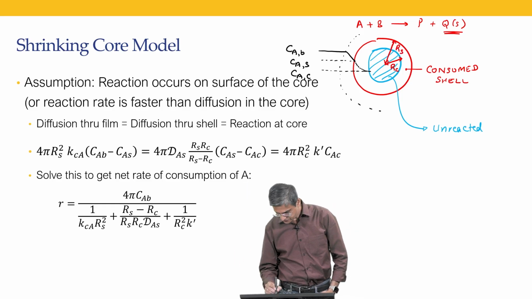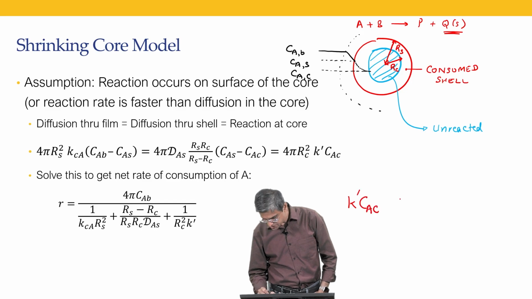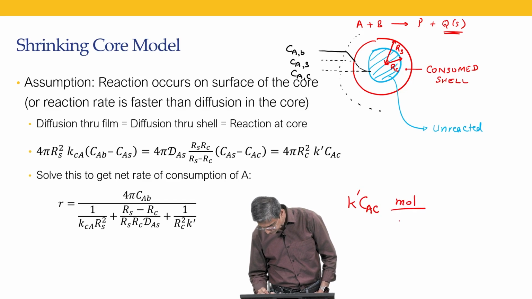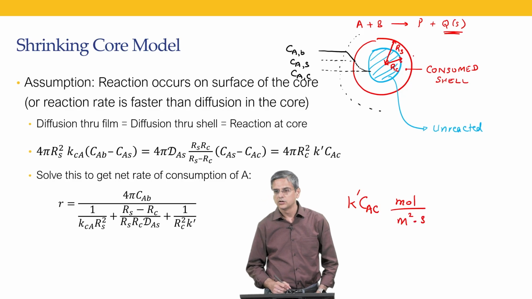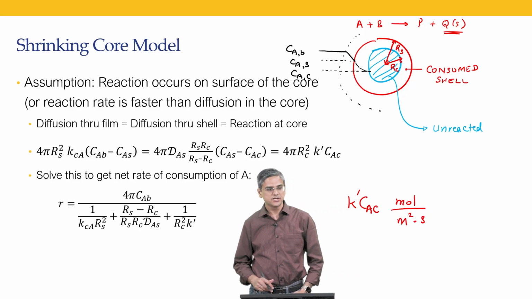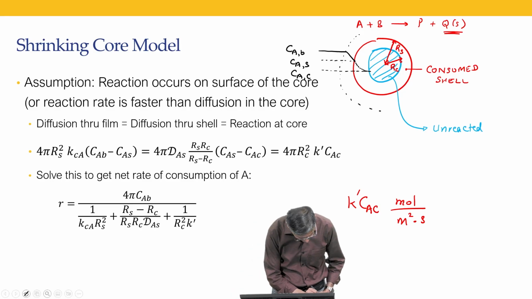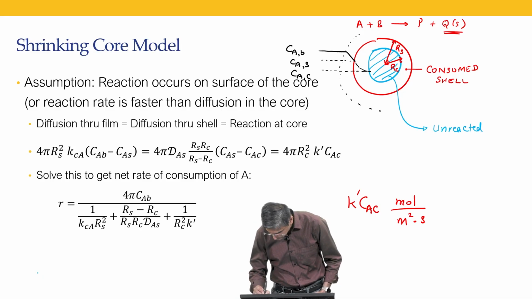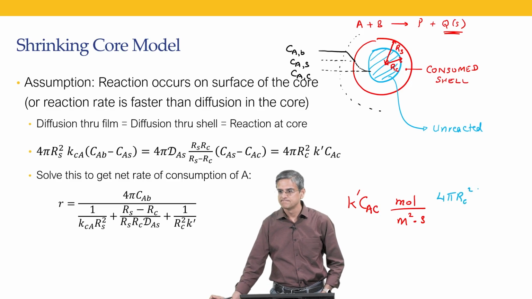Okay. If the rate of reaction is K dash CAC, on the surface of this core, what is going to be the net rate of reaction in terms of moles per second? K dash CAC into the area. So, what is the area? 4 pi RC squared.